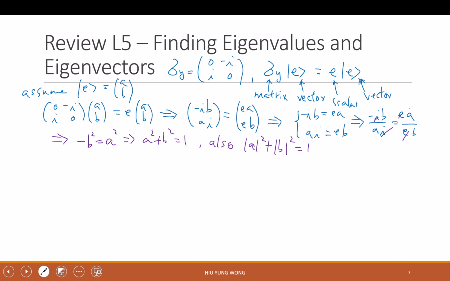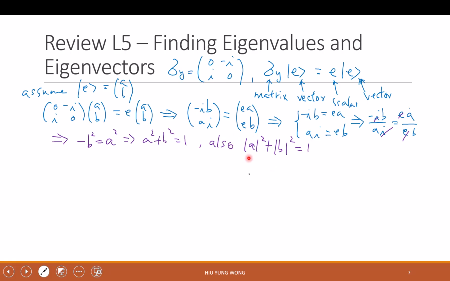Okay, so now I want to ask you, is this equation the same as this equation? If they are real, they are the same. But now we don't limit it to real. We're doing quantum mechanics. They can be complex. So we actually have 2 different equations.